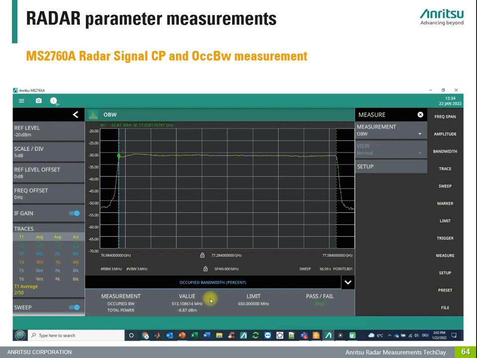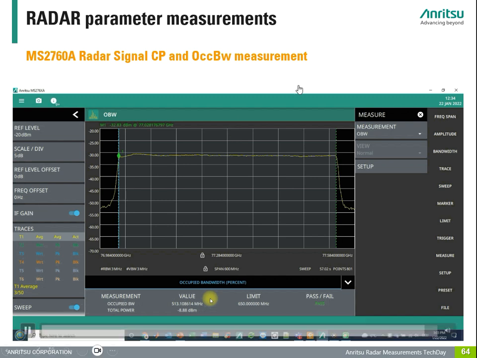1.35 meters. And if we are considering here at the 77.284 gigahertz frequency a free space path loss of minus 73 dB, then we will see later on in one of the next slides that all these figures are coming well together, and the theory and the practical measurements are more or less equal.